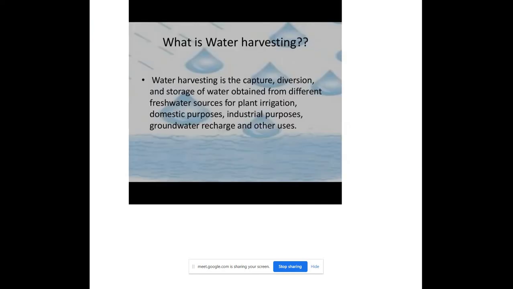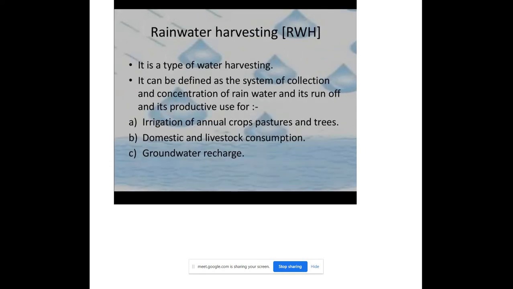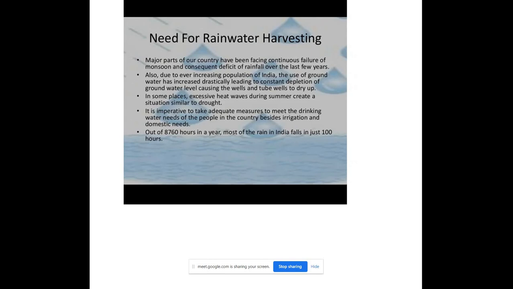The roof becomes the catchment and the rainwater is collected from the roof of the house or building. It can either be stored in a tank or diverted to artificial recharge systems. The method is less expensive and very effective, and if implemented properly, helps to augment the groundwater level of the area.